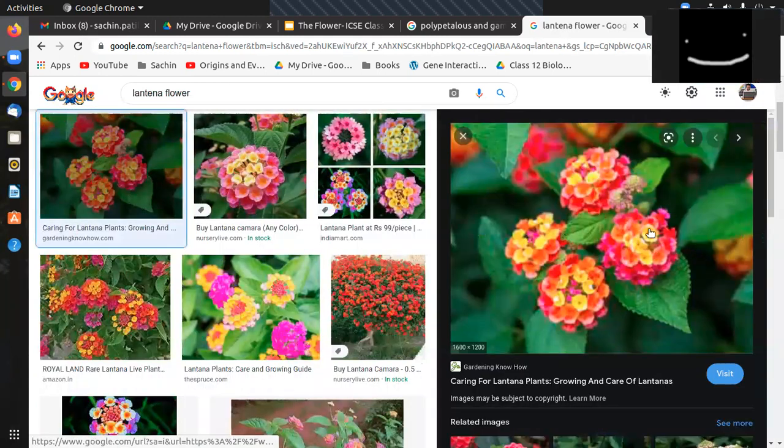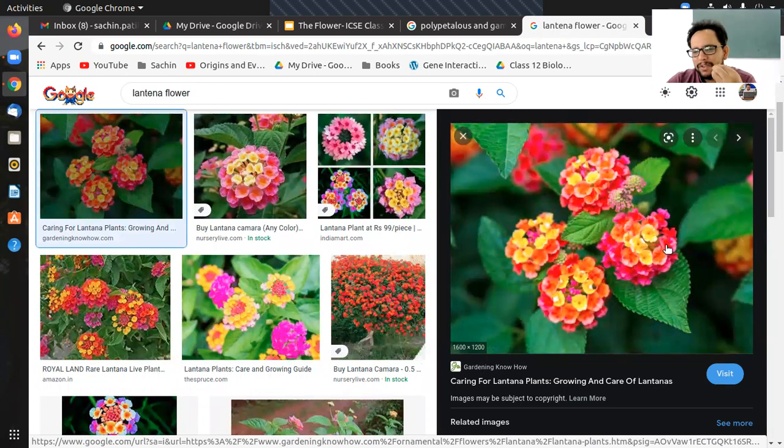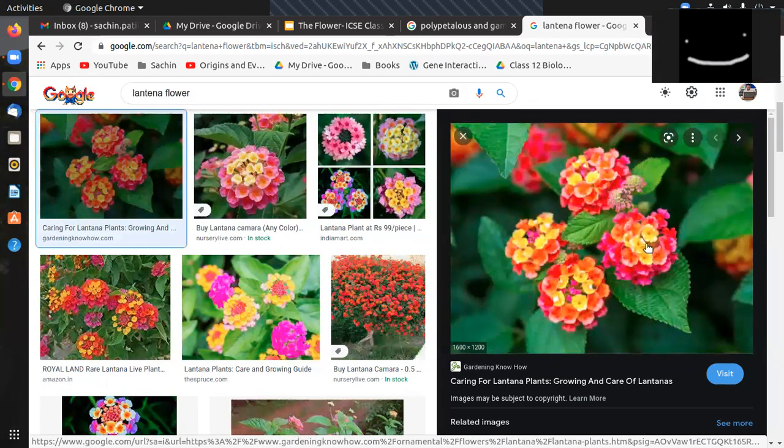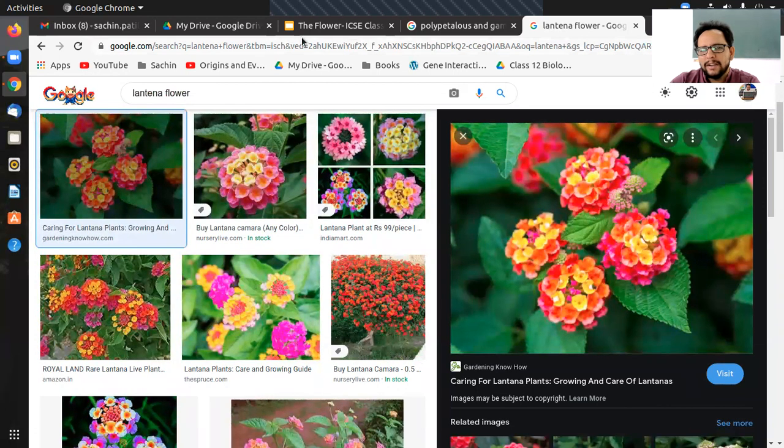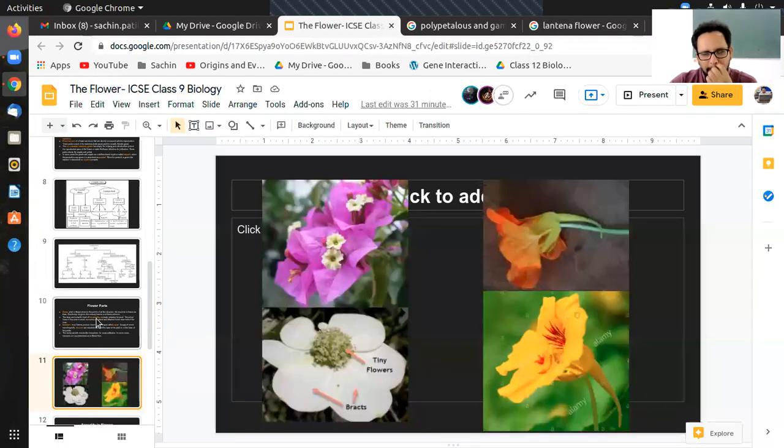If you pluck these bunches and try to suck in the nectar, you will get that sweet taste on your tongue. We have tried that, and that is a really good example of having nectar. But again, this is not a separate nectar that is present. It is located at the base of the flower. So that is the nectar that we are talking about.